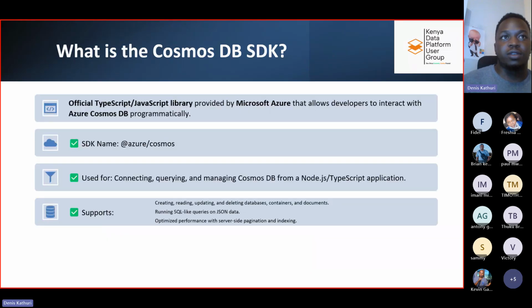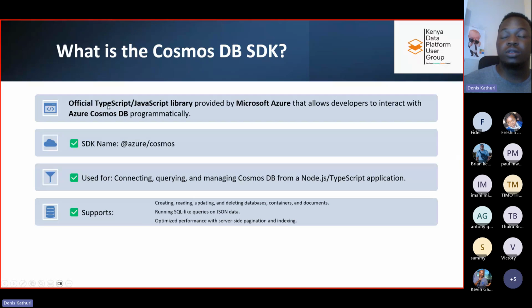Then you might be asking yourself, what is a Cosmos DB SDK? SDK is a software development kit, and Cosmos DB has its own SDK, known as the Cosmos DB SDK, and the SDK name is @azure/cosmos.